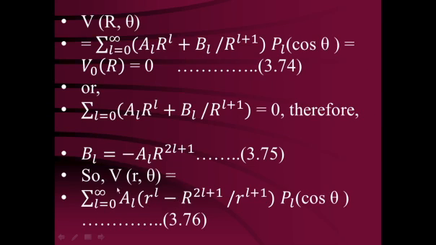Al is going to be common in both the cases, so it was taken outside. Sigma L is equal to 0 to infinity Al, small r raised to L minus capital R raised to 2L plus 1 upon small r raised to L plus 1, Pl cos theta.